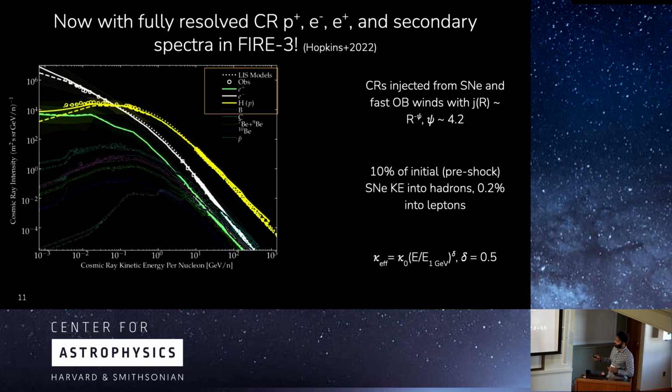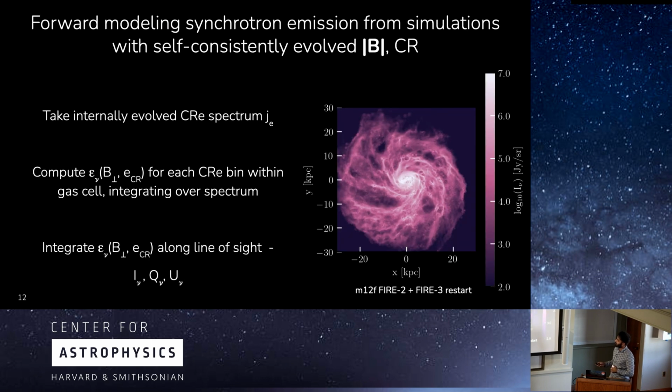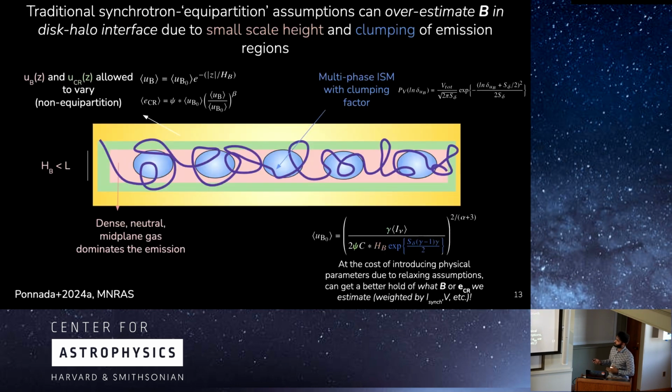And so when we actually do the full forward modeling with resolved spectra of cosmic ray electrons and protons with our simulations and make these pretty pictures, we can then directly compare these sets of assumptions to realistic models. What we see is that this traditional set of assumptions would overestimate the magnetic field strength in the 1 to 2 kiloparsecs-ish above the disk plane because this emission is actually substantially dominated by denser, more heavily magnetized gas in the inner disk plane.